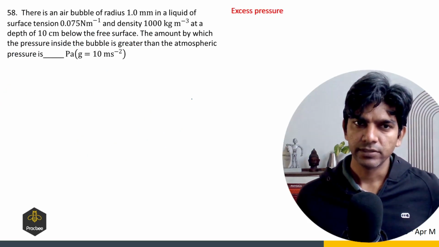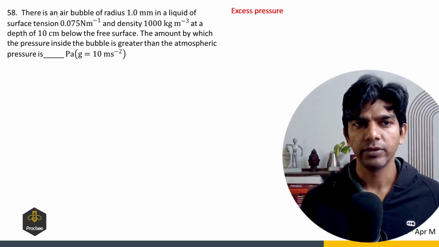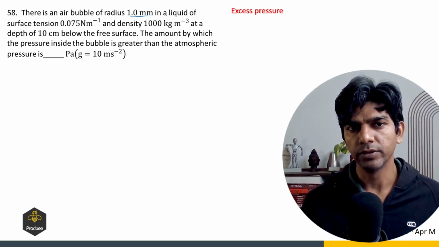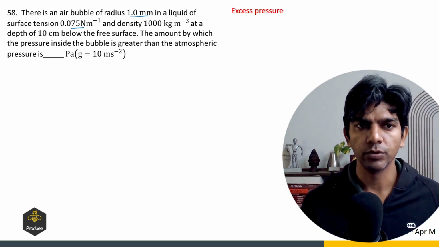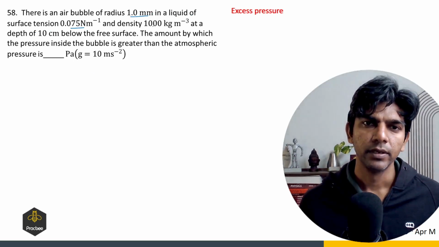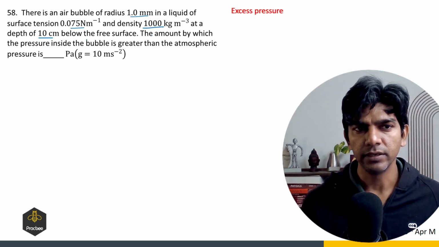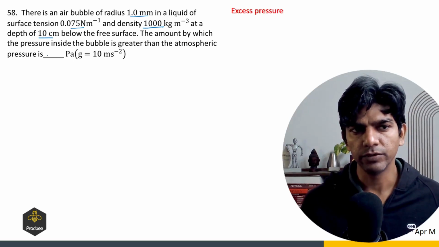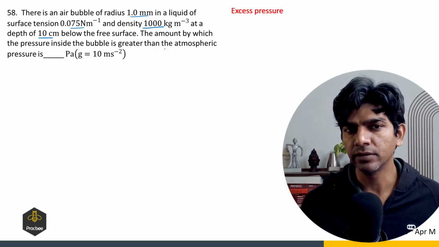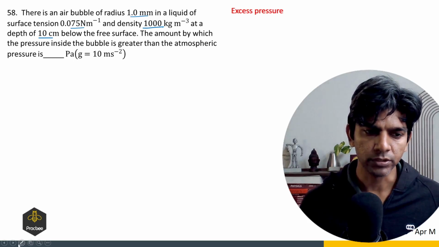Another question based on excess pressure. There is an air bubble of radius 1 millimeter in a liquid of surface tension 0.075 Newton per meter, and density is 1000 kilograms per meter cube. At a depth of 10 centimeter below the free surface, the amount by which the pressure inside the bubble is greater than the atmospheric pressure.